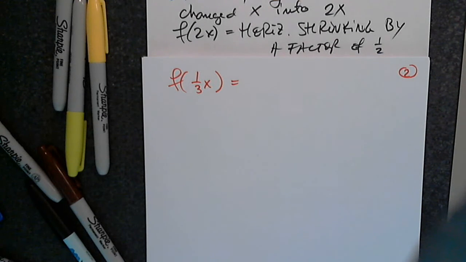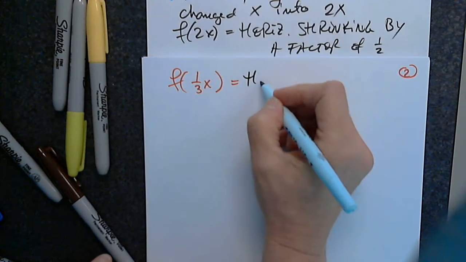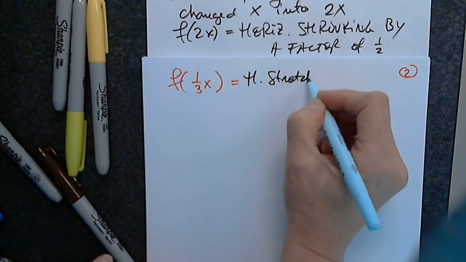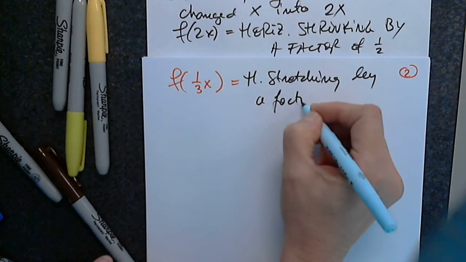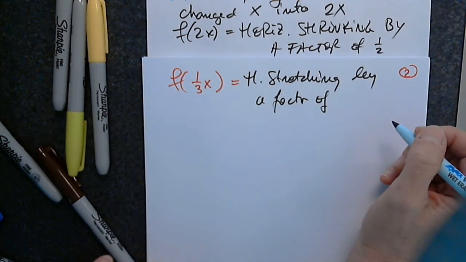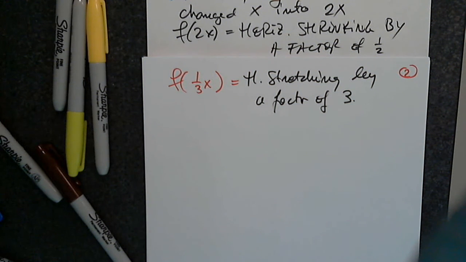Yes, it's a horizontal stretching of the graph. So the graph will do this. Okay? So this is a horizontal stretching by a factor of, excellent. Very good. Indeed, by a factor of 3.